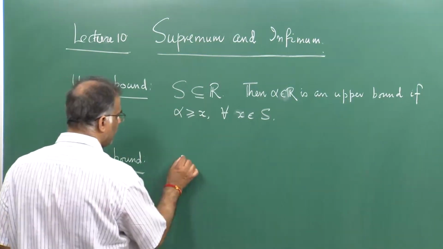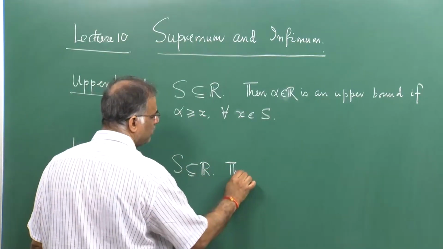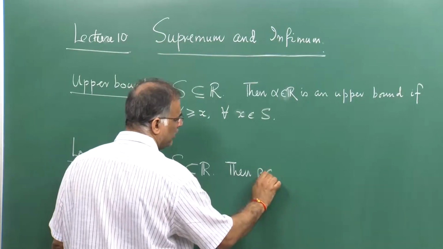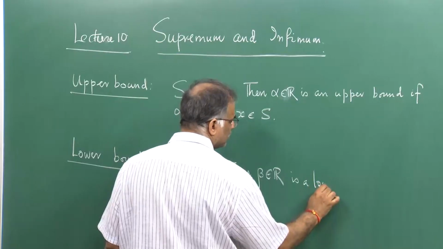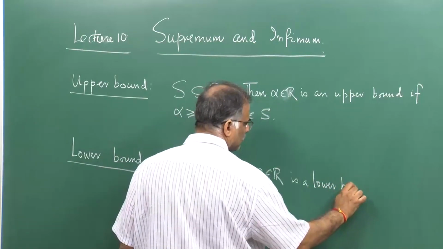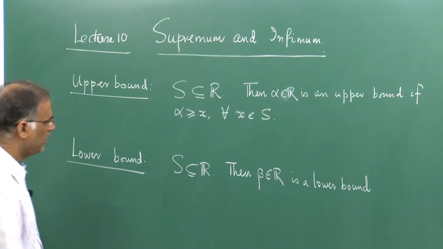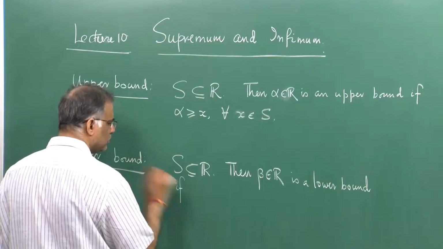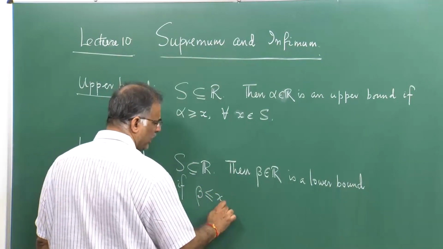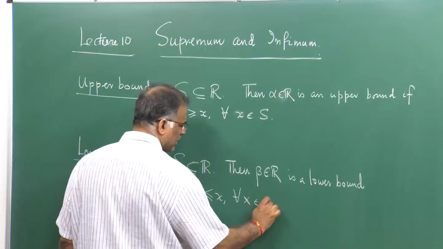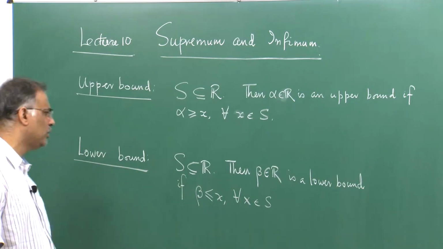Similarly, we take again S subset of R, then beta element of R is a lower bound if beta itself is less than or equal to x for all x element of S. Now, observe one thing, that any number less than beta is also a lower bound.